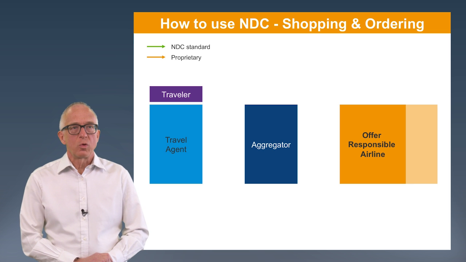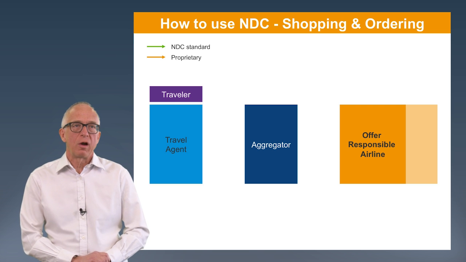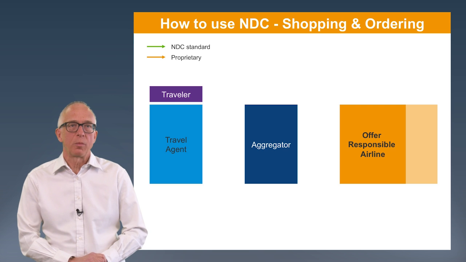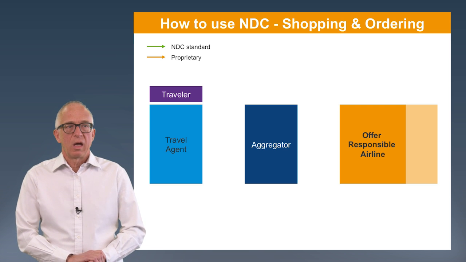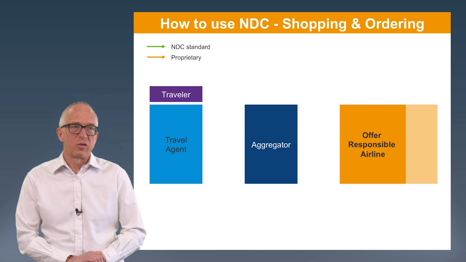So in this video, we'll see how travel agents are able to use the NDC messages in order to carry out shopping and place orders with airlines on behalf of their customers, the potential traveller. In addition to those three participants, there is also an aggregator.